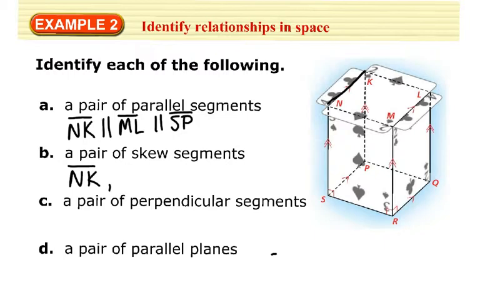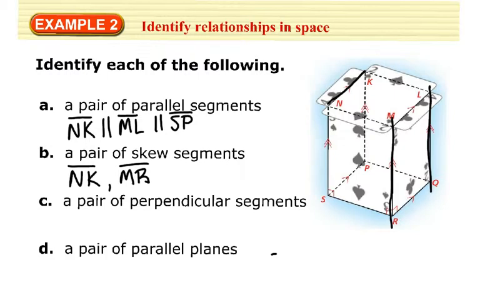That's kind of how I identify skew lines. So any line that's going up and down that does not intersect with NK over there is skewed to NK. So either this line here, MR, or this line over here, LQ. So I'm just going to name one of those, MR.